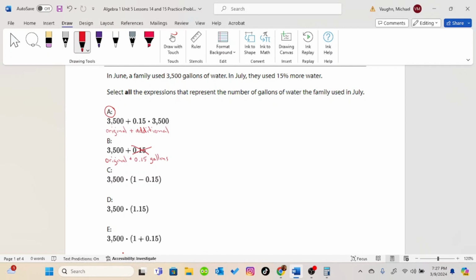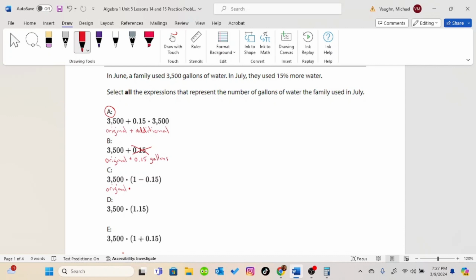On C, we have the original amount, and then we're multiplying by 1 minus 0.15.